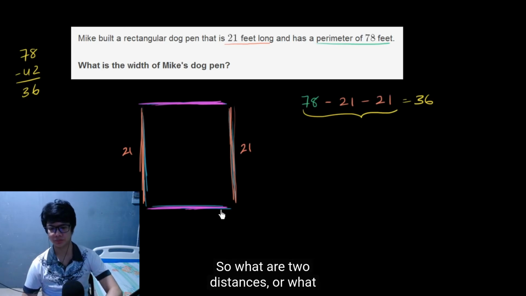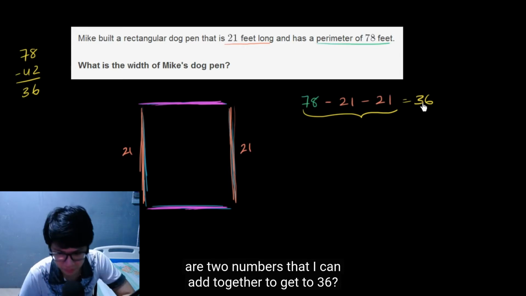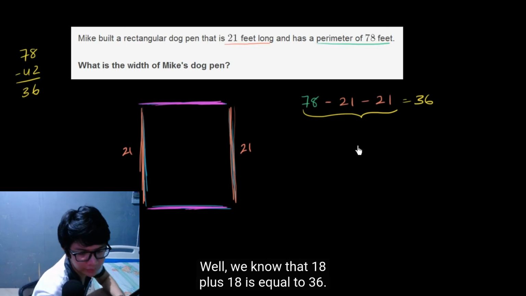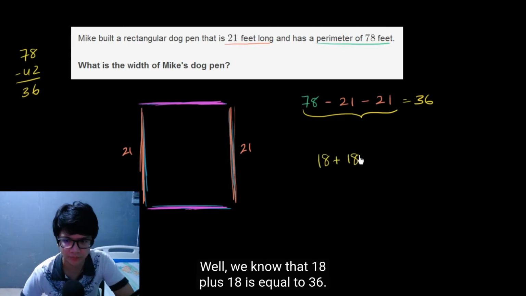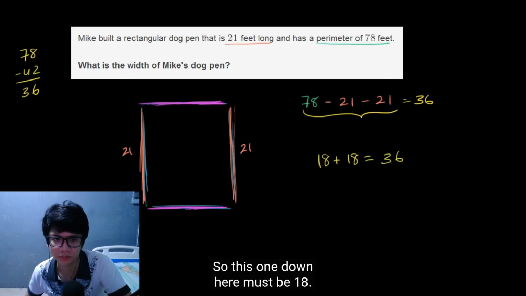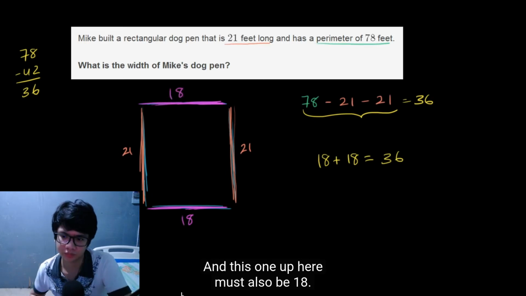So what are two numbers that I can add together to get to 36? Well, we know that 18 plus 18 is equal to 36. So this one down here must be 18, and this one up here must also be 18.